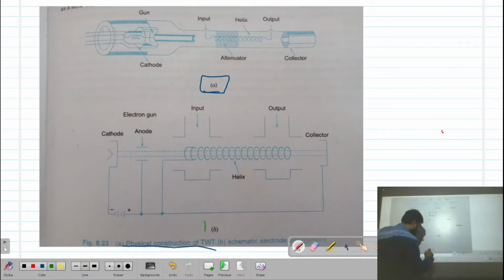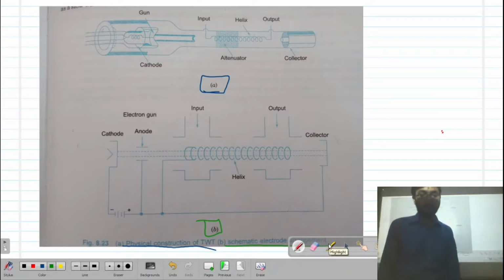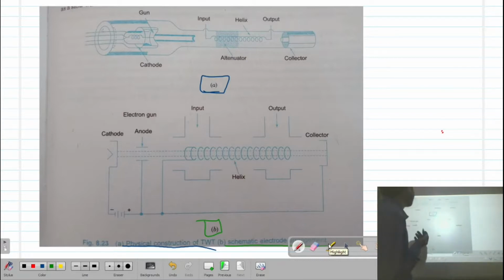And the second one, B, is the schematic electrode arrangement. We'll see one by one everything that is going to happen over here.